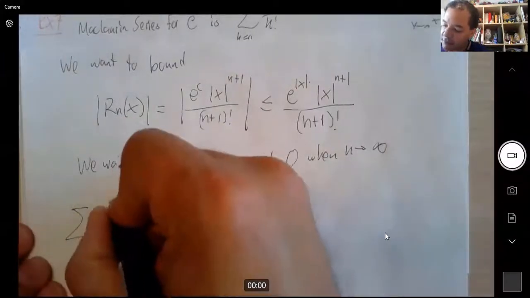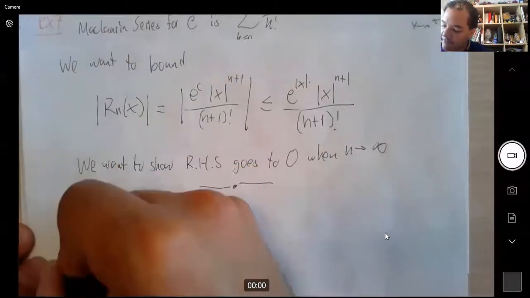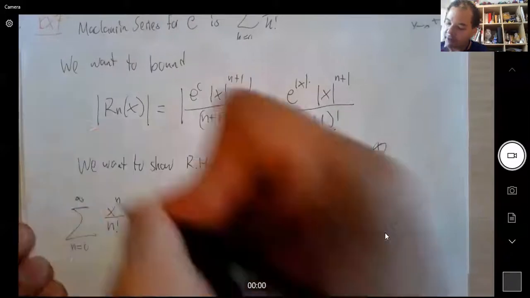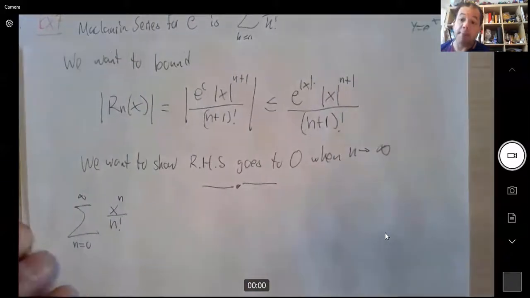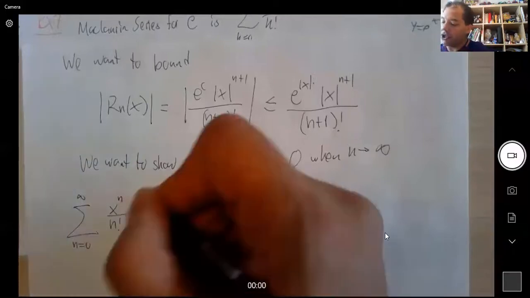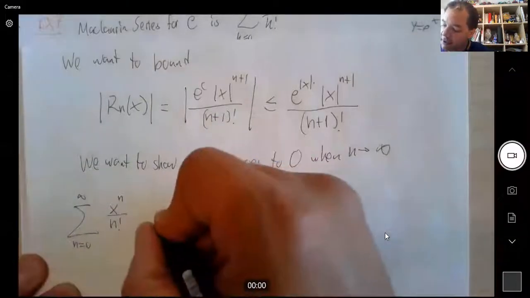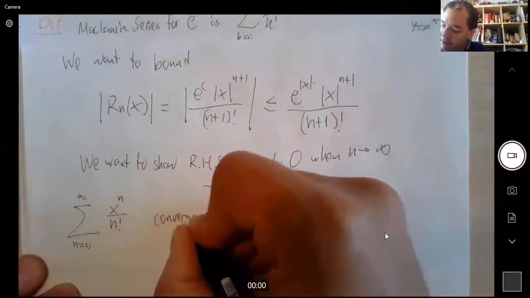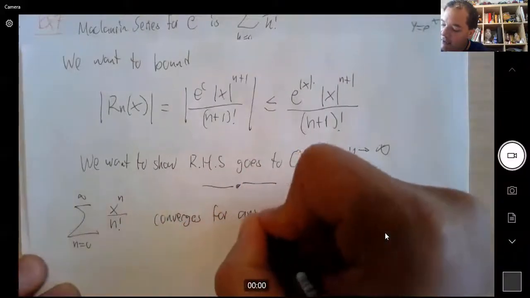This series, x to the n over n factorial, right? That's the Taylor series for e to the x. And yesterday we showed that this converges for any x.